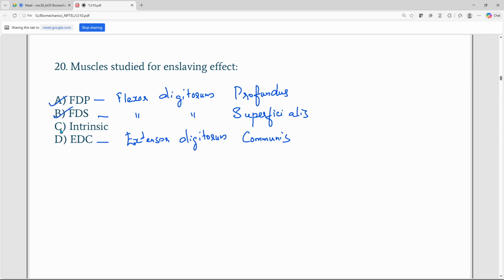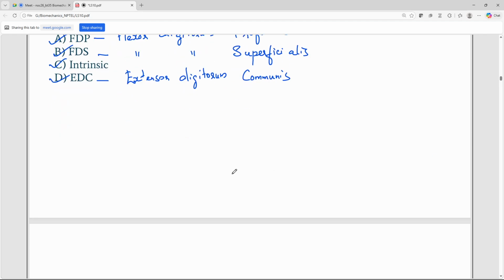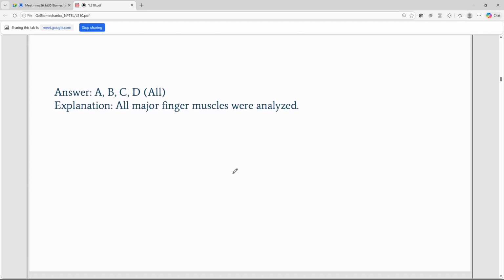It's a multiple choice question, so the question has multiple answers. All these muscles were tested or studied for their enslaving effect. The answer is A, B, C, and D. All major finger muscles were analyzed.